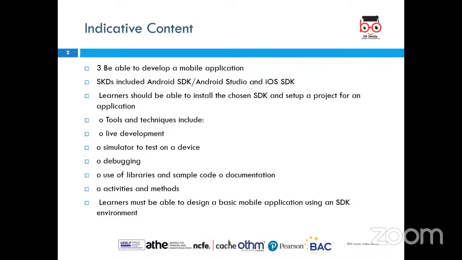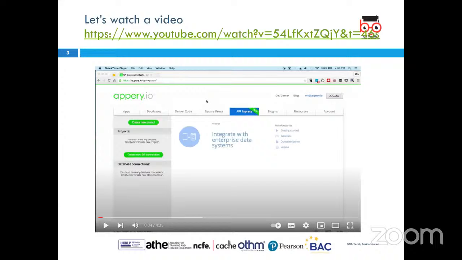We're going to look into the tools and techniques, which will include live development, a simulator or test device, debugging, use of libraries and sample code, and documentation activities and methods. The learner will also be able to design a basic mobile application using the software development kit environment.